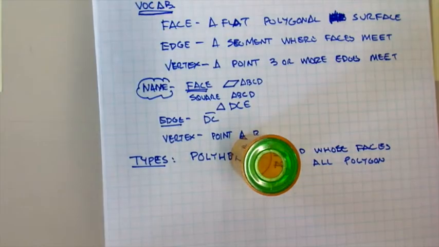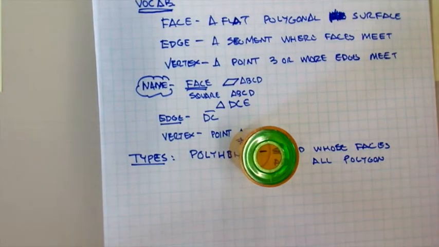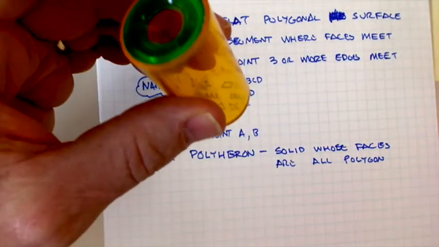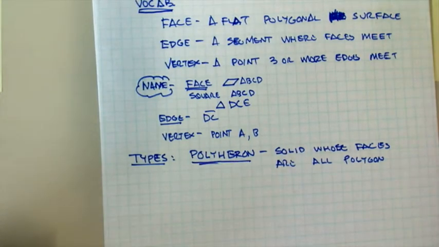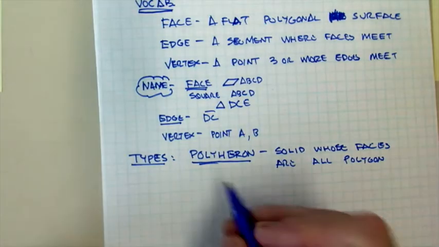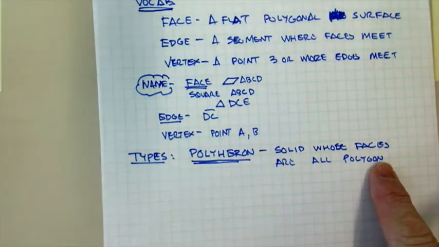This is not a polyhedron because this circle is not a polygon, this cylinder. So again, this is a general term that we have for all of the shapes whose faces are all polygons.